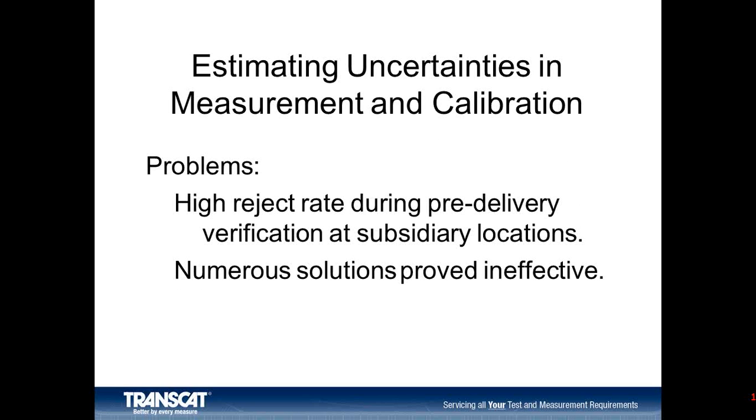The problem is that during this final verification test, they had a very high reject rate. The second problem is that after implementing numerous solutions to try and solve this problem, none of these solutions seem to be effective.